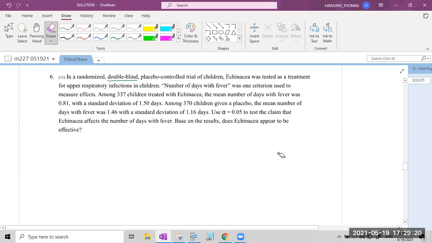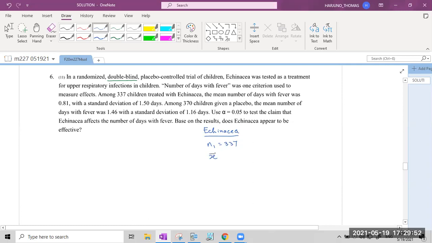Okay, now echinacea was tested as a treatment for upper respiratory infection in children. The number of days with fever was one criterion used to measure effects. So we have two groups here, the one with echinacea. Sorry if I don't read it right. I don't know how to read it correctly. The N is 337.